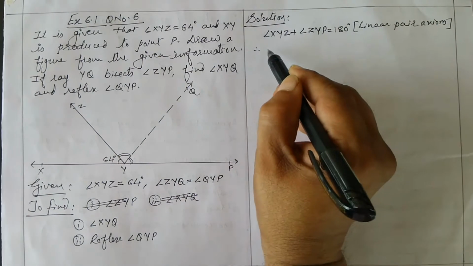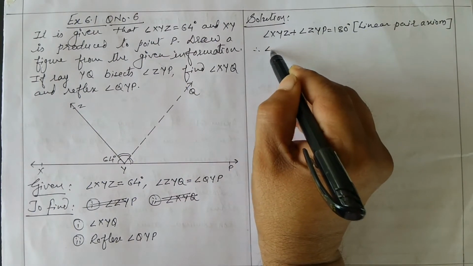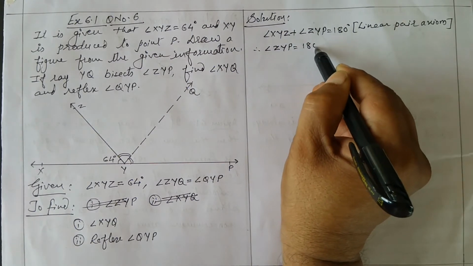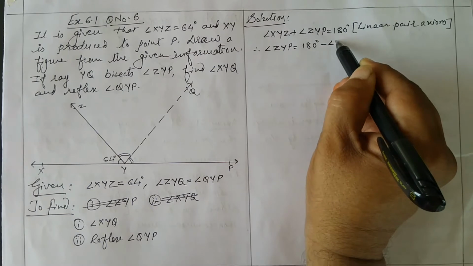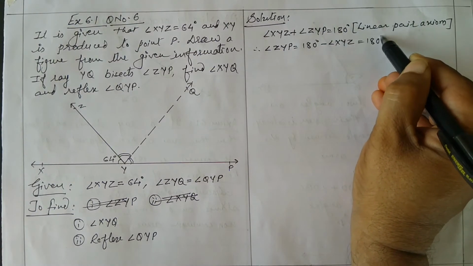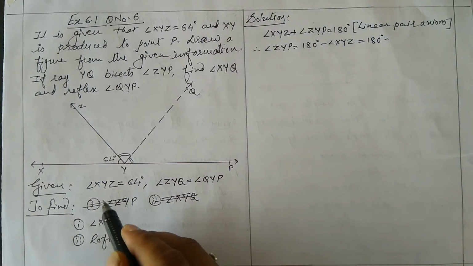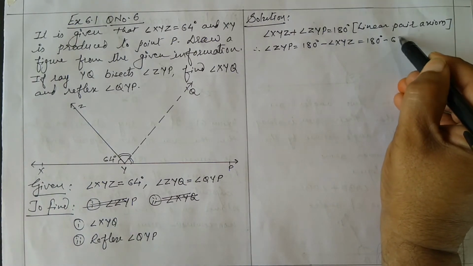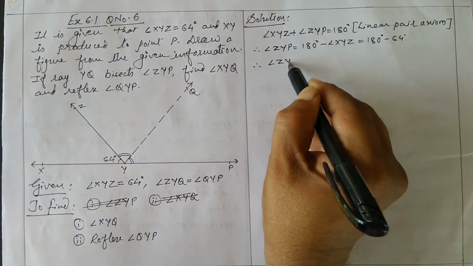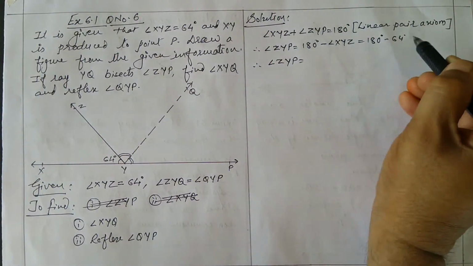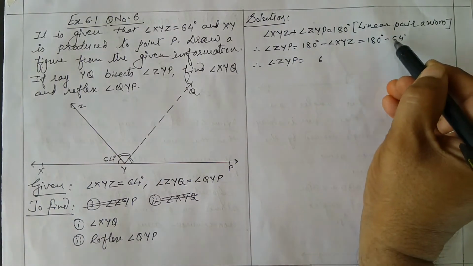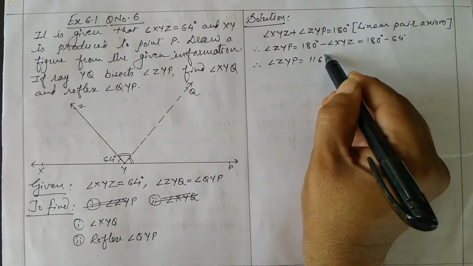Substitute angle ZYP. What will be angle ZYP? ZYP is equal to 180 degrees minus angle XYZ. XYZ is how much? 64 degrees. So therefore angle ZYP is 180 minus 64. 10 minus 4, 6, carry 1, so 116 degrees.